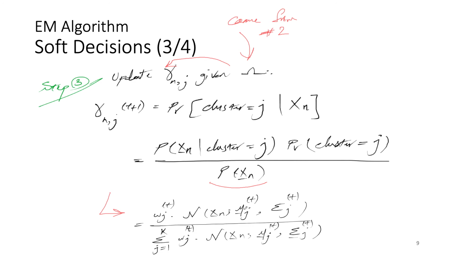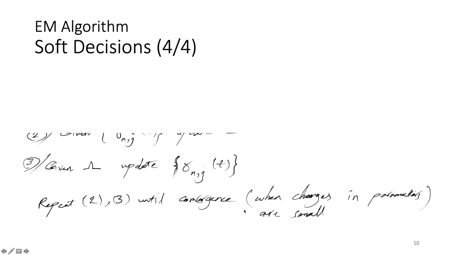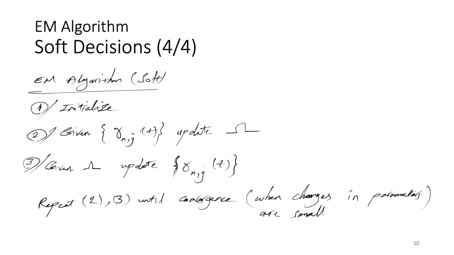So if you want to define soft decision in a pseudocode way, we have the first step to initialize, and then second, given the omega n and j at t, we're going to update the parameters, and then given the updated parameters, we update again the new omega.